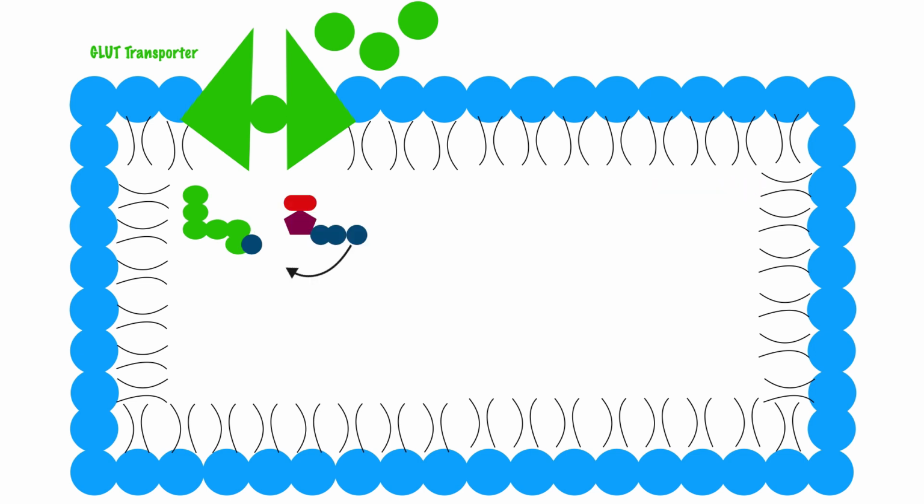Now we get a little bit of deja vu here because now our fructose 6-phosphate molecule undergoes phosphorylation, meaning that an additional phosphate group is added, and this occurs because of the presence, again, of ATP.